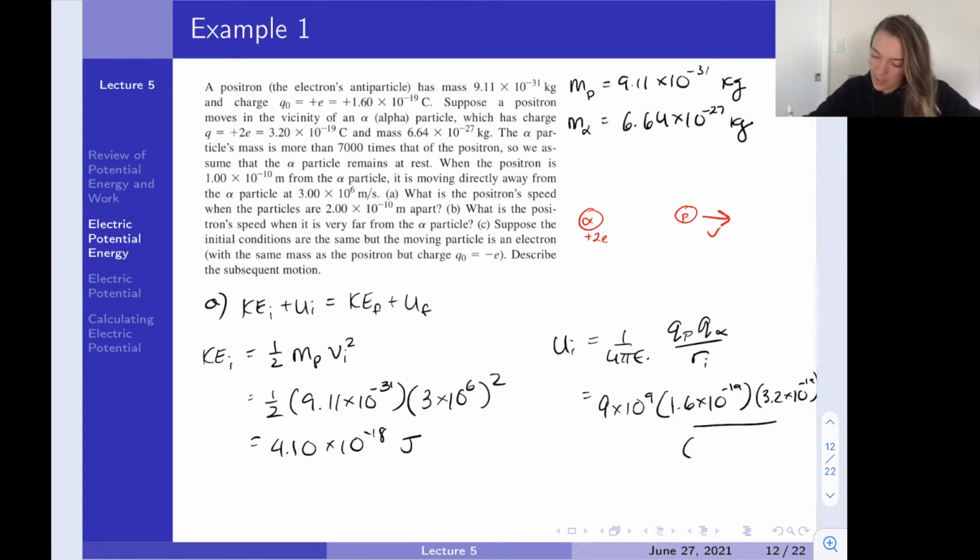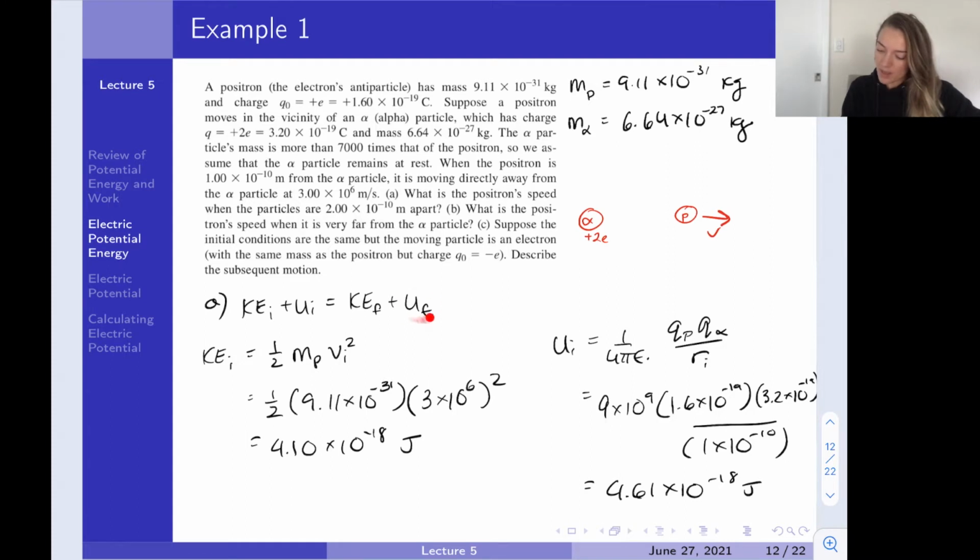The initial separation is 1 times 10 to the negative 10. So this initial potential energy comes out to 4.61 times 10 to the negative 18 joules as well. All right, so we have our initial energies.